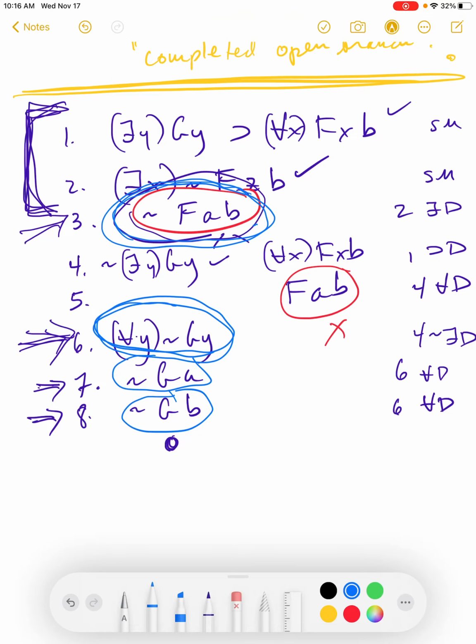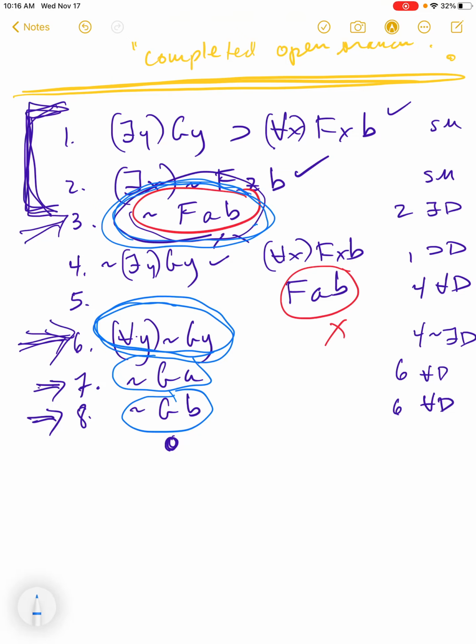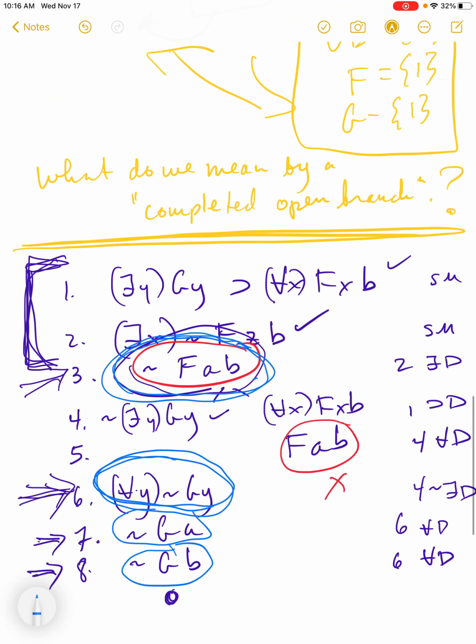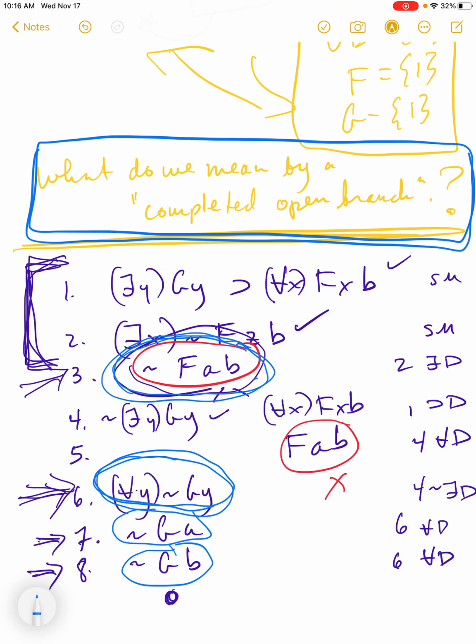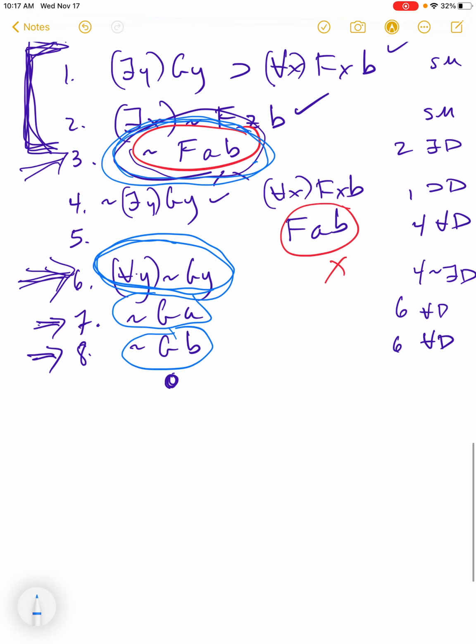So from this intuition, I'm going to give you the rigorous criteria for what a completed open branch is in trees for PL. Okay? So this has one closed branch and it has one open branch, which theoretically could go on and on and on. We could write down not GC, not GD, not GE. This could go on and on.